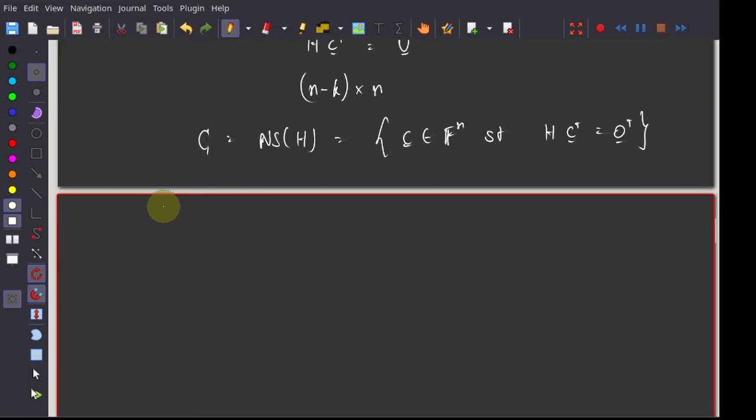So for any matrix H, what exactly does it say? Rank of H plus the dimension of the null space. What is it equal to?